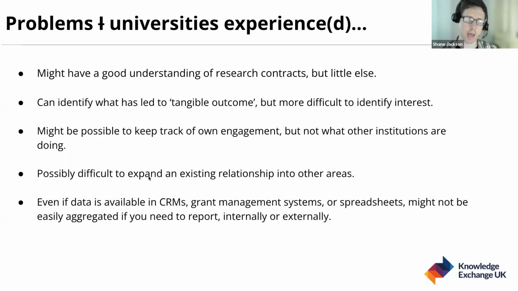So, problems that I or universities may experience or have experienced. A common thing that I found was that you might have a good understanding of research contracts, but not much else that was going on. It would obviously end up in the finance system or a grants management system if the university had worked with a particular company, but you might not know about anything before that point.